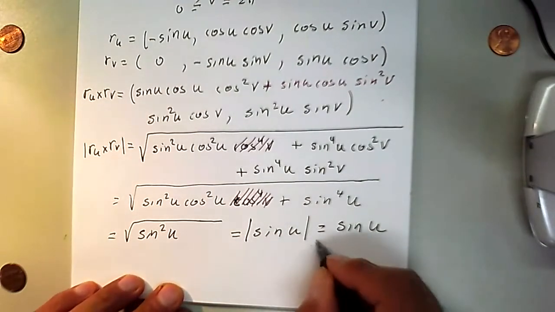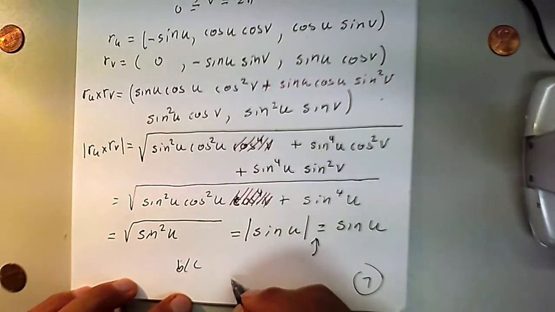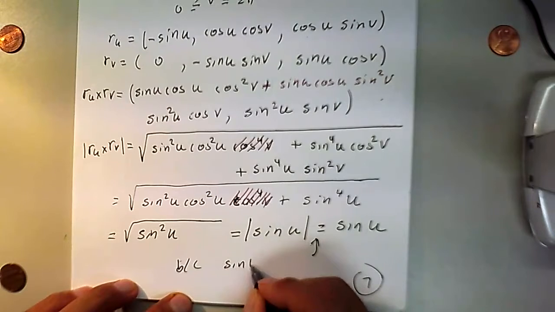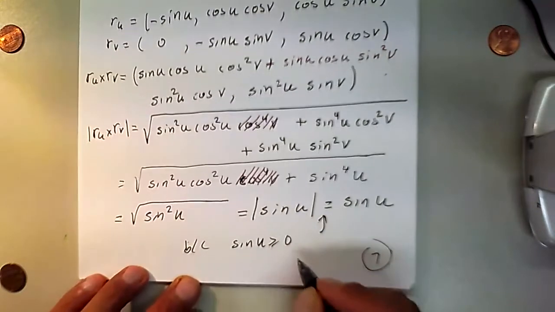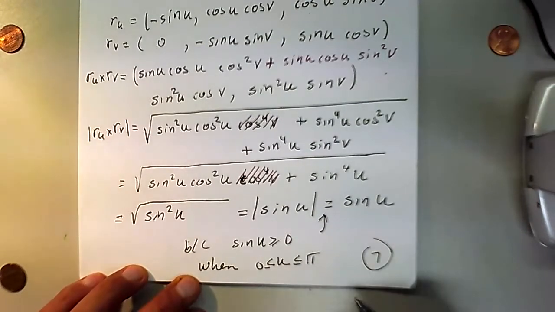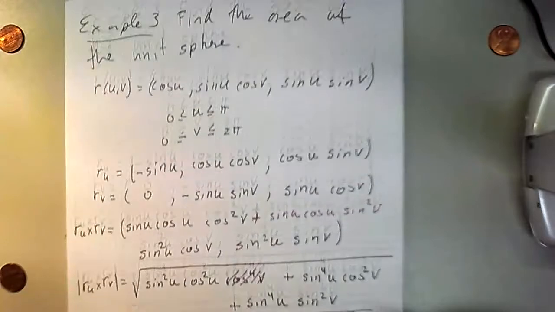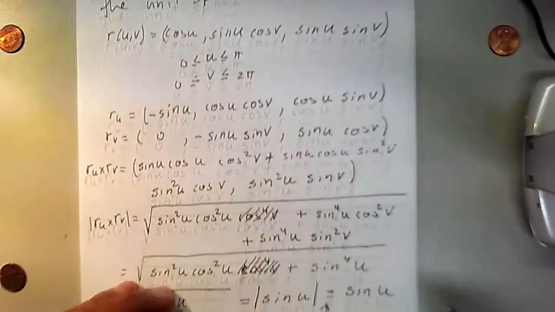The reason for that is because sine of u is greater than or equal to 0 when u is between 0 and pi. So we are allowed to do that because this is going to be positive anyway. Okay.